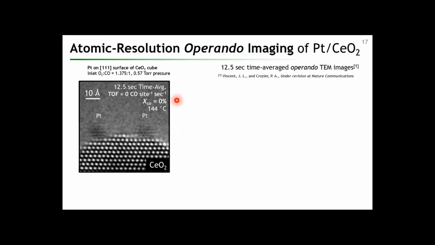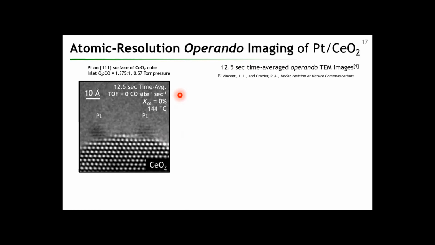And using EELS and the model, we were able to determine the reaction rate at this condition. We found there's no measurable rate of reaction. I'll also just mention that in this project, we were interested in not only looking at the reaction rate, but looking at a quantity called the turnover frequency.